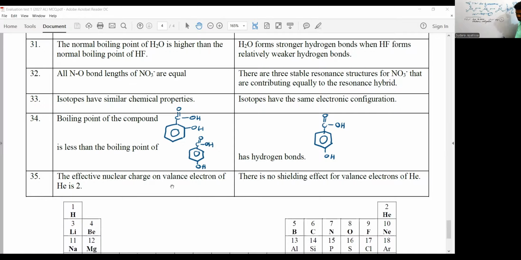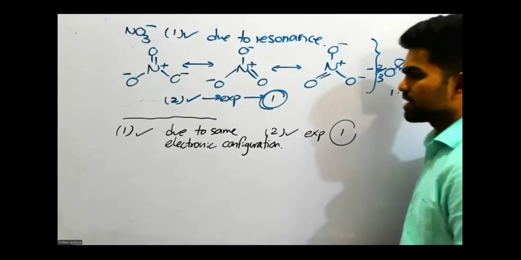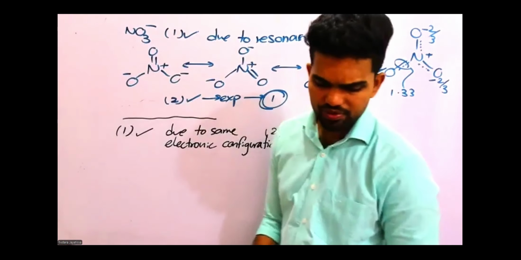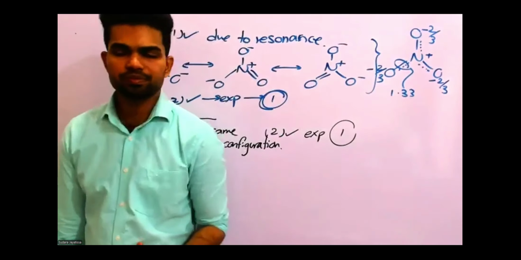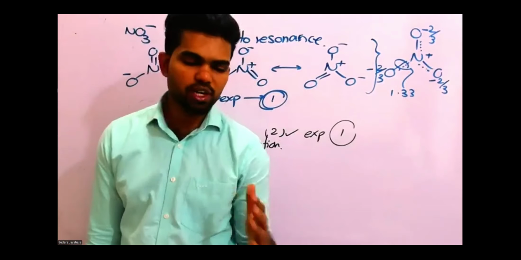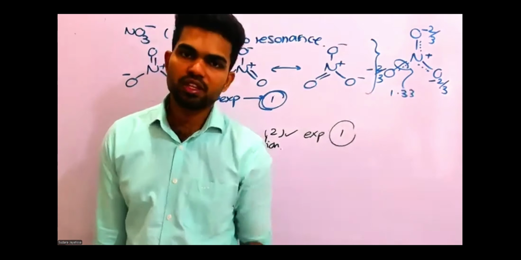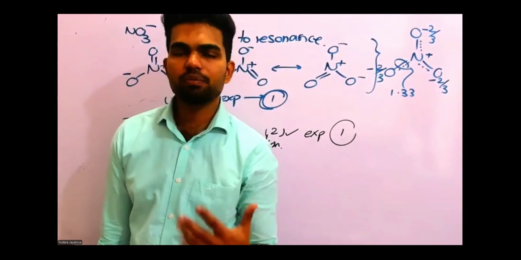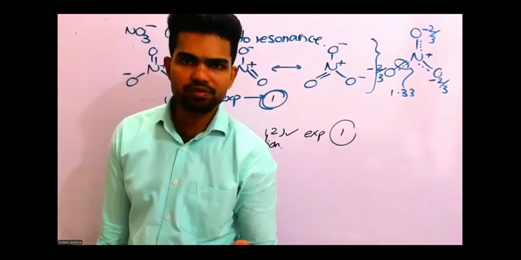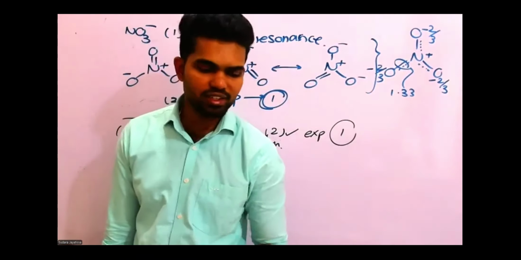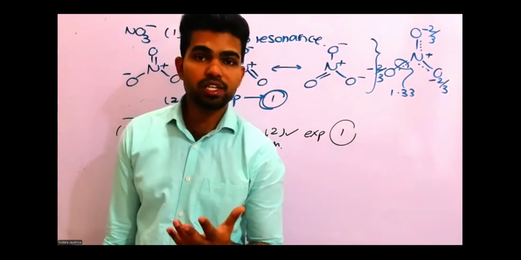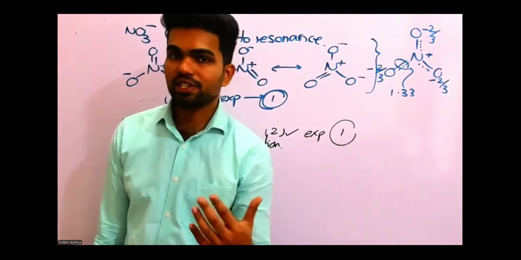Is that clear now? So isotopes, what are isotopes actually? Give one example also. Protium, deuterium, tritium, remember? H11, H12, and H13. They differ in the number of neutrons or the mass number. Actually, it will affect the physical properties, like boiling points. But for chemical properties, during chemical reactions, electrons are exchanged.